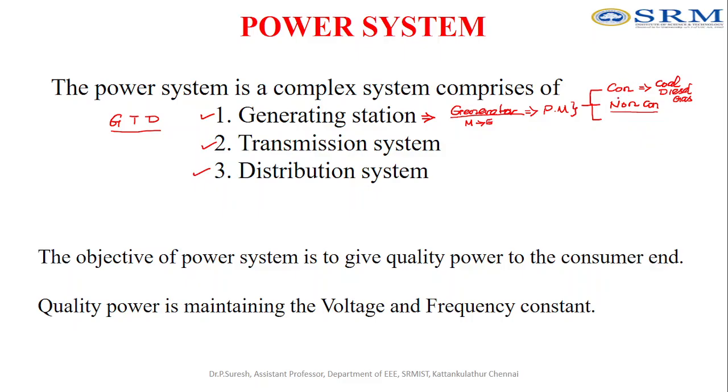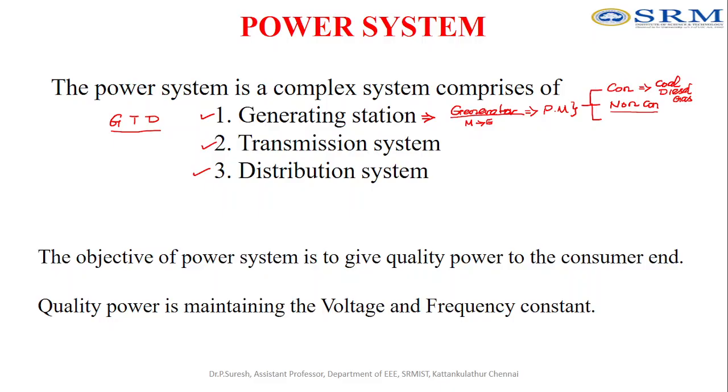The other name for conventional energy resources is non-renewable energy resources. Coming to non-conventional energy resources, we have solar energy, wind energy, and tidal energy. Using these energy resources, we can generate the power.